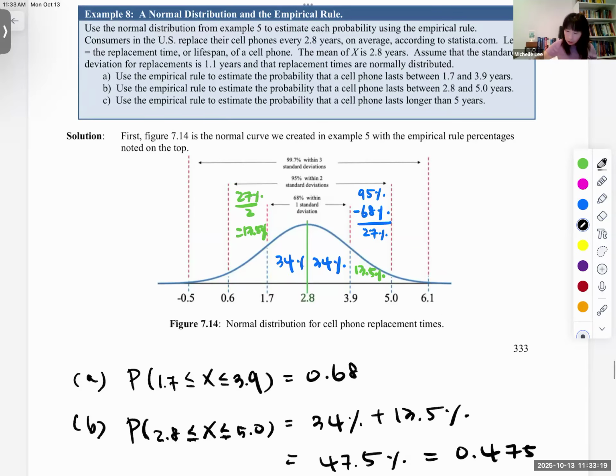Now, the third one, the lifetime longer than 5 years. So from here to here, right? So we knew 99.7%. 99.7% minus 95% is occupied, right?